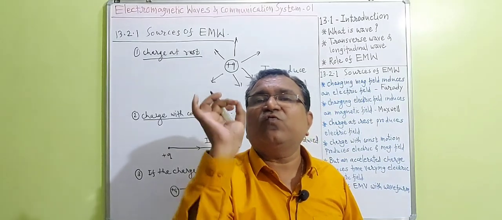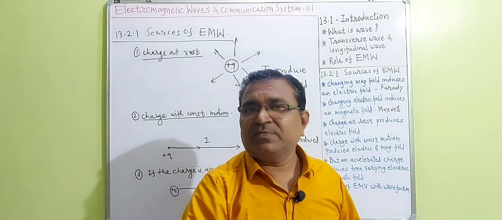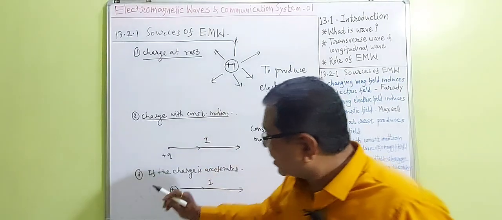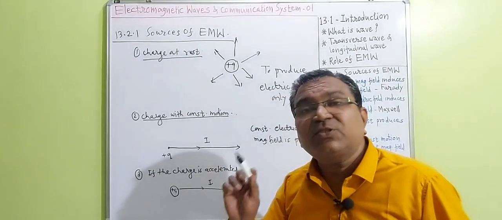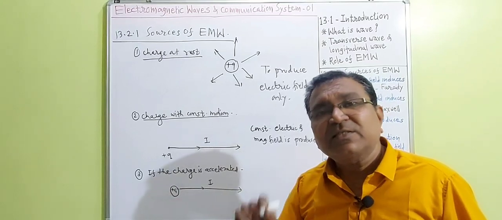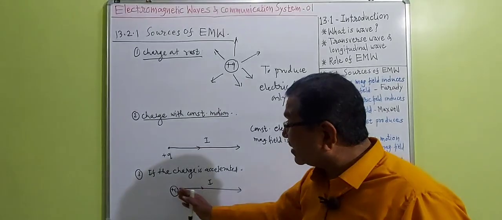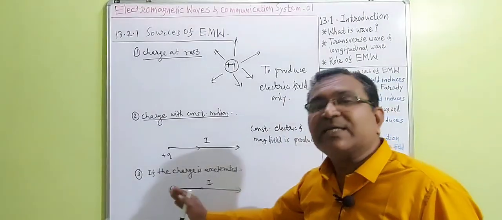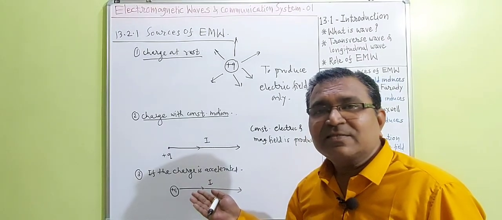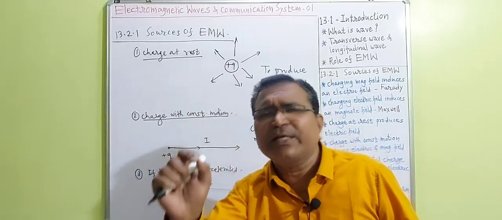That means velocity changes from time to time. In this case, due to charge, there is a change in electric field because it has acceleration, time varying electric field. And due to current, that increases or decreases, we get time varying magnetic field.